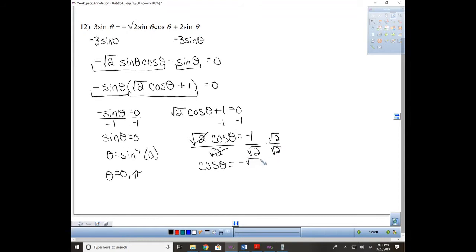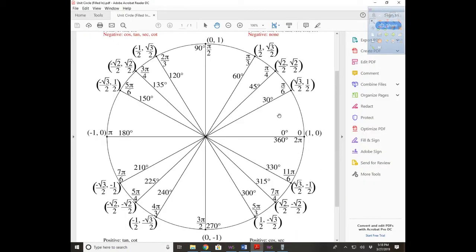So I get negative square root of 2 over 2. And then do the inverse. So I am looking for an angle that has an x value of negative square root of 2 over 2. So that would be 3 pi over 4 and 5 pi over 4.